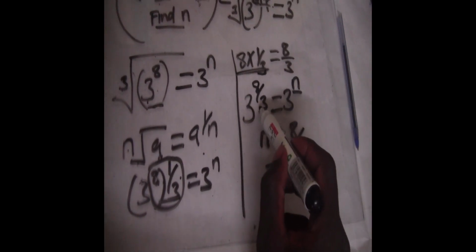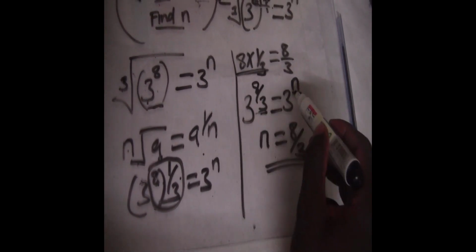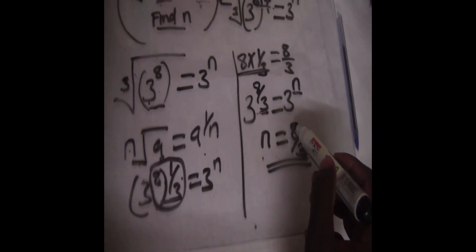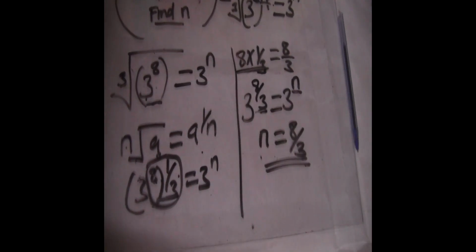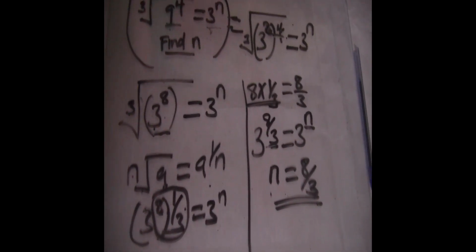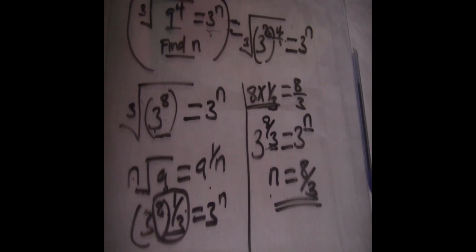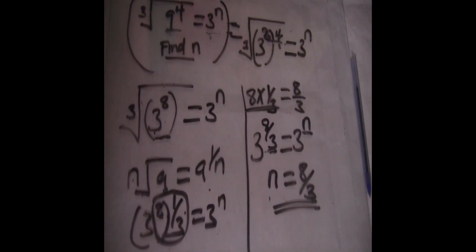So 8 over 3 corresponds to n. So n is equal to 8 over 3. And that was the answer for the 2019 question of indices.